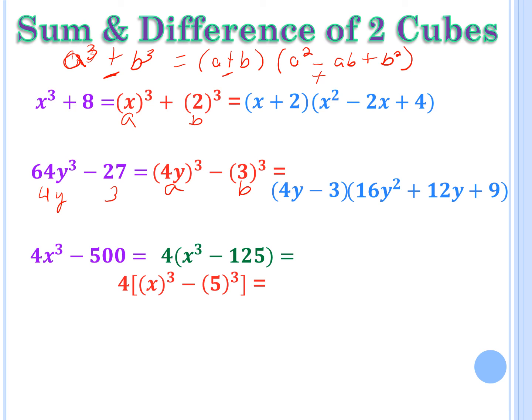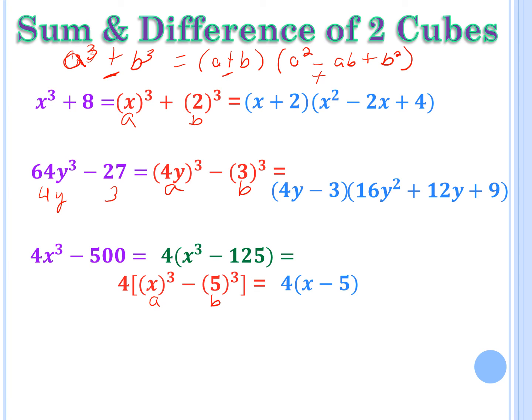So now don't forget the 4. The 4 is quintessential. You got to keep it. That's your GCF. But inside, that's going to break down into x cubed minus 5 cubed. Well, that's my A. That's my B. Okay? So that gives me 4, and then my first parentheses is going to be x minus 5.